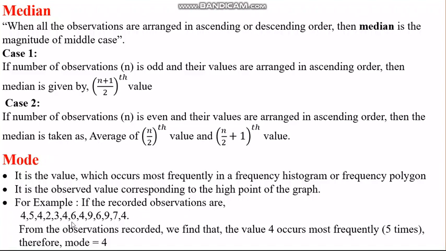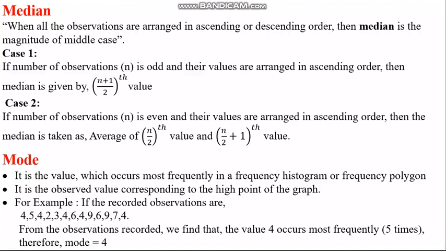For example, if the recorded observations are 4 5 4 2 3 4 6 4 9 6 9 7 4, we find that the value 4 occurred the maximum number of times, 5 times. Whichever occurs the maximum number of times is the mode. So the mode is 4 in this case.